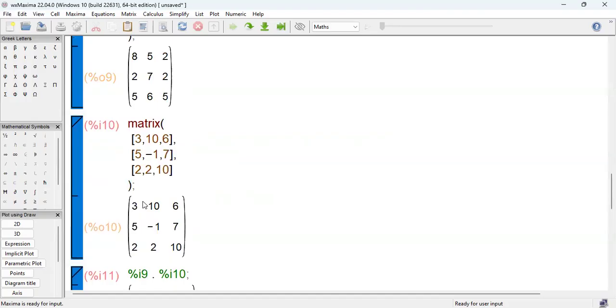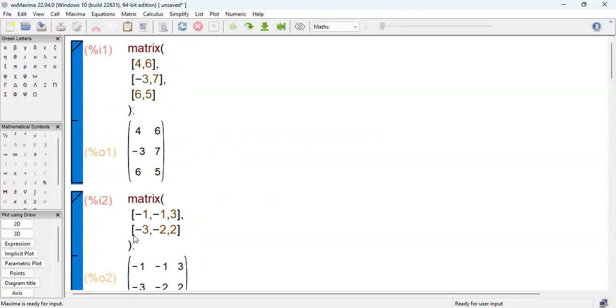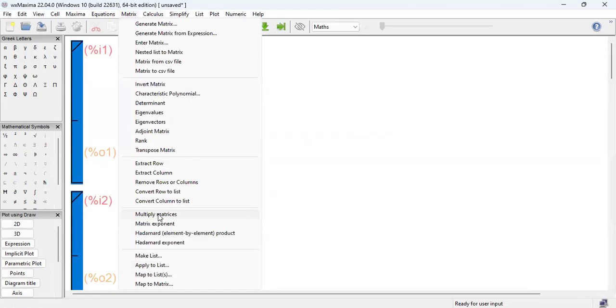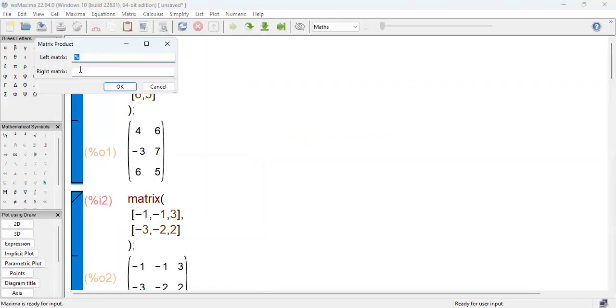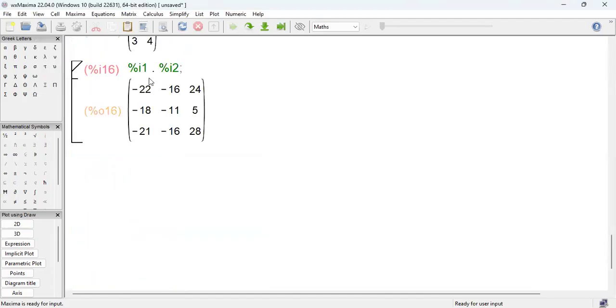And now to multiply matrices, still go back to the toolbar, click on matrices, then click on multiply matrices. And now input, so I want to multiply I1 by input 2, because you've inputted the two matrices. You have the two matrices you want to multiply. Then you click OK, and it gives you the answer.